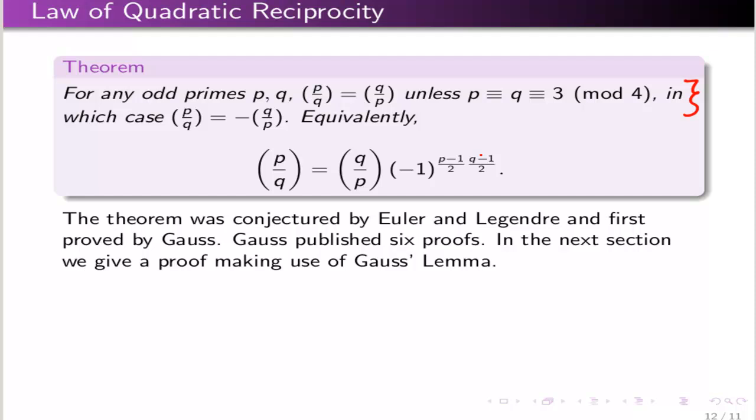This is a genuinely deep result, the law of quadratic reciprocity. So we'll go through a proof in the next section using one of Gauss's proofs and making use of something we call Gauss's lemma. But for now, let me just point out what this factor here is all about.